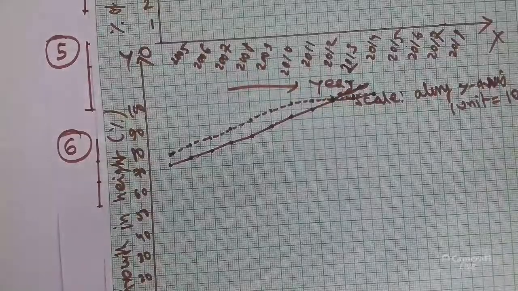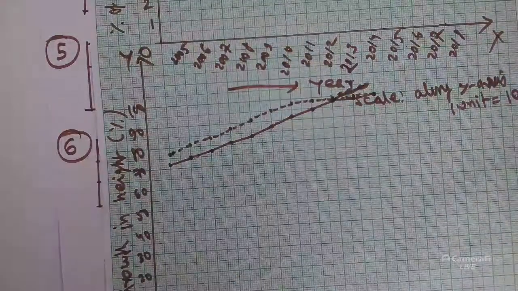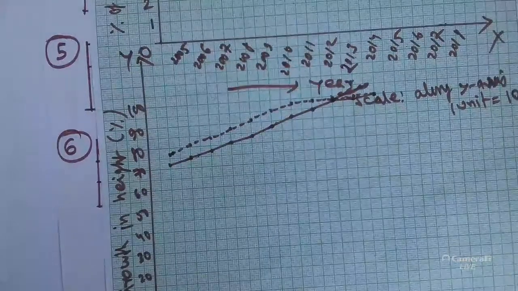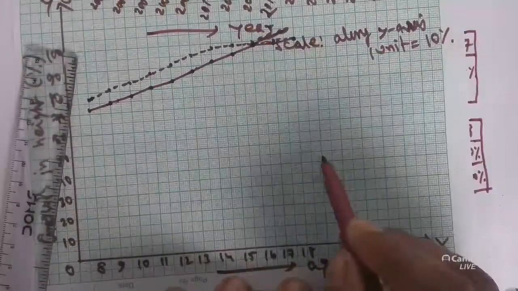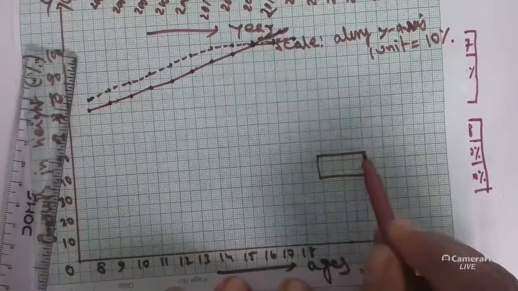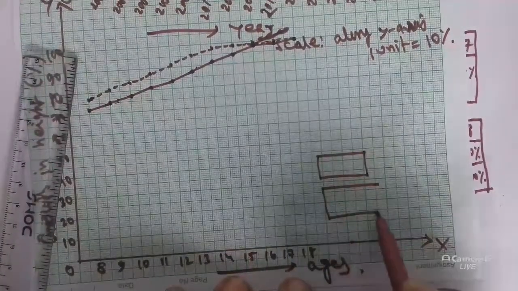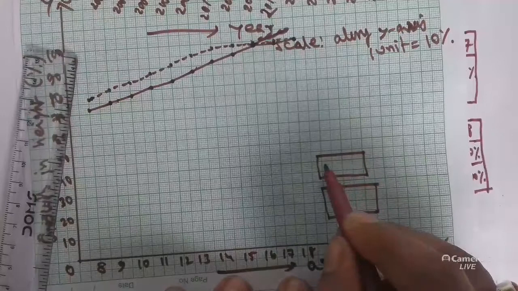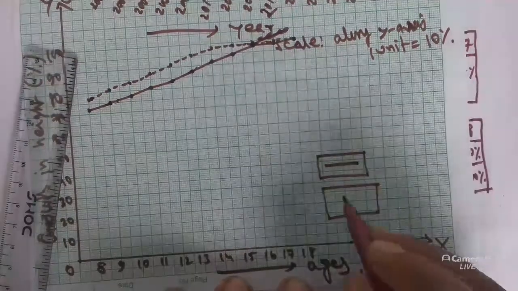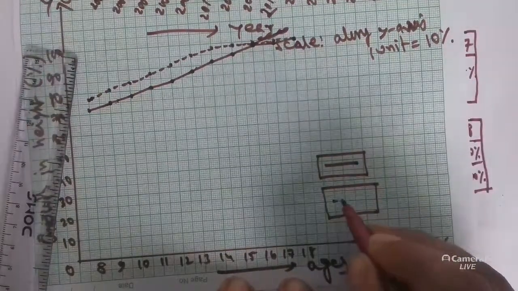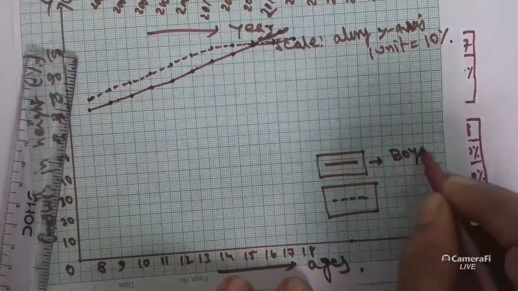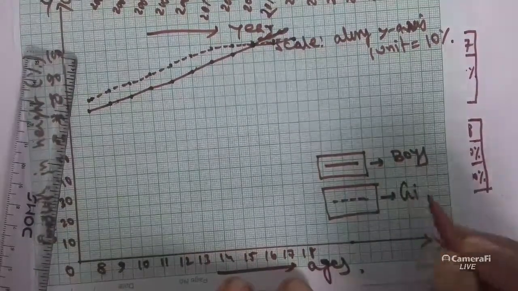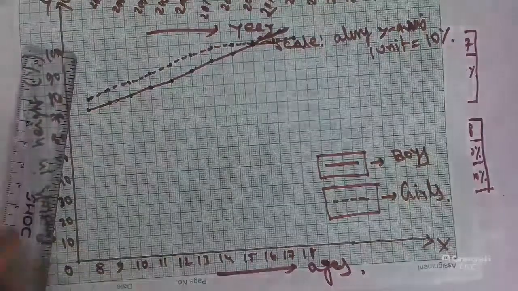Because two line graphs are there, one for boys and another one for girls, one main important point is that here we have to draw two boxes, one for boys and one for girls. So boys for this line and girls for dotted line. So here we have to write this one for boys and this one for girls.